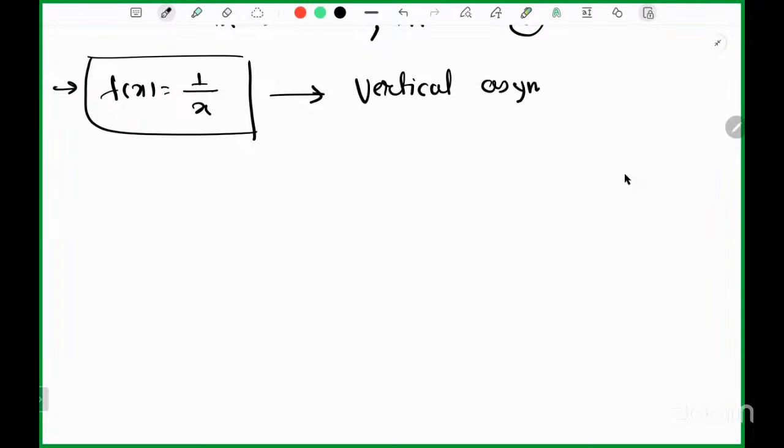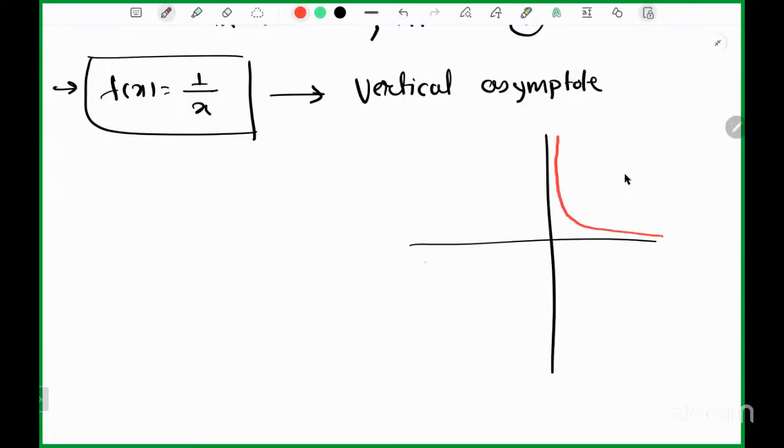Can we get both, like x tending to infinity also making f of x tending to minus infinity, both situations together? Yeah, so see, this is the 1 by x graph. Here both axes will work as an asymptote, the x-axis as well as the y-axis.